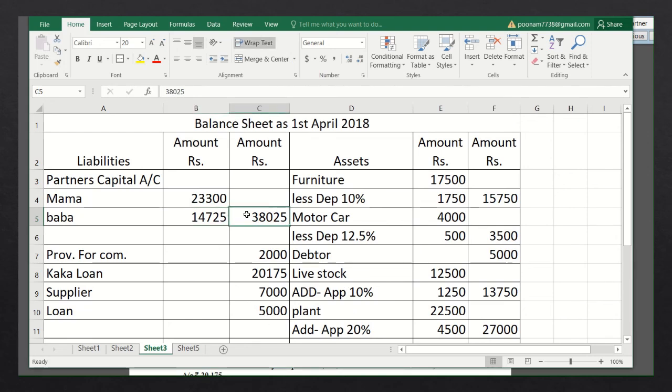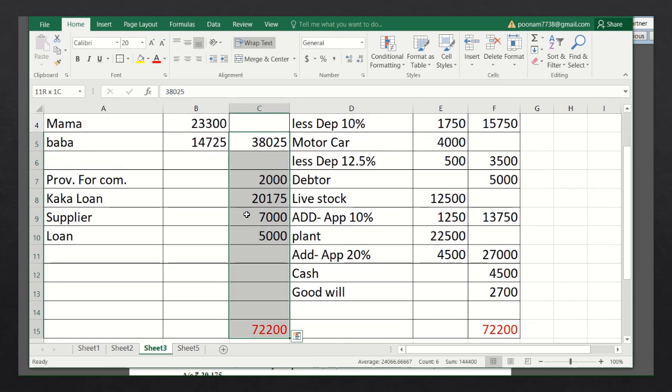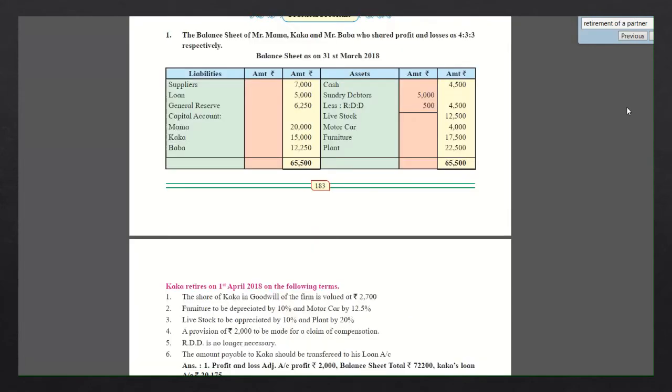Now we can see the total of liabilities, students, is 72,200. Now check whether we have taken all the assets. So students, we have taken plant, machinery, furniture, livestock, but we have not written the debtor and cash.